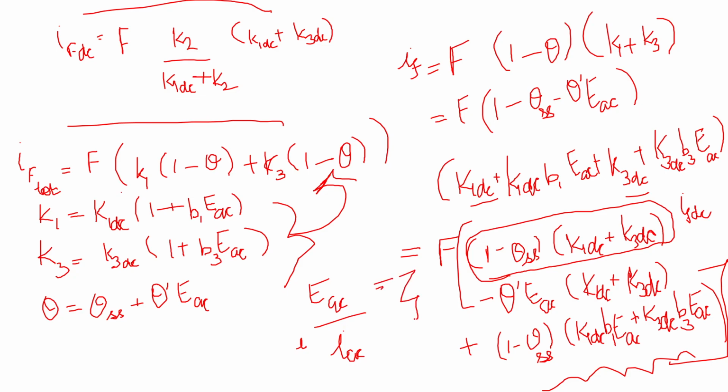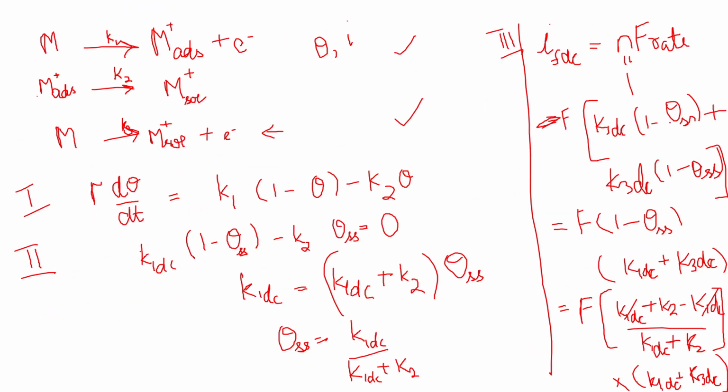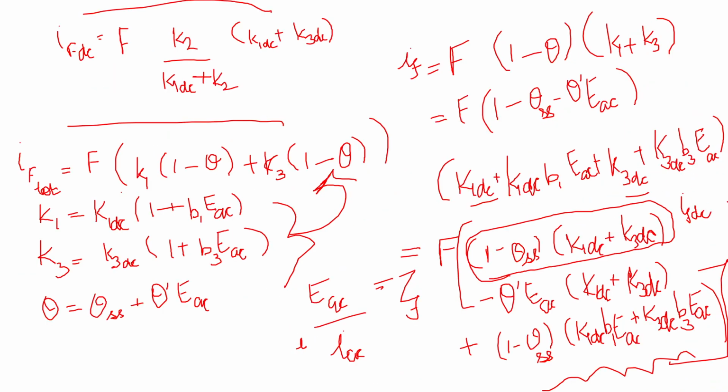That is why I am omitting the terms which are due to IFDC. I have already found IFDC in the first step, so we already know this equation. The rest is simplification of that. So I am just removing that, and the rest corresponds to IFAC.